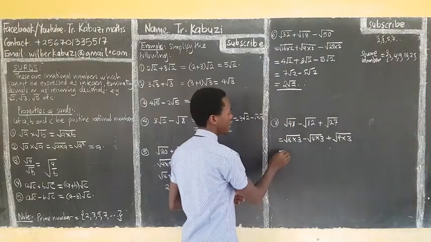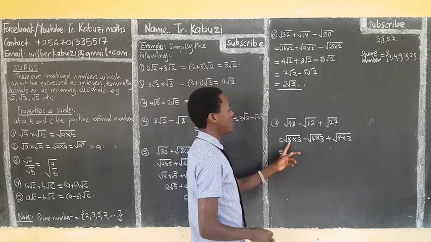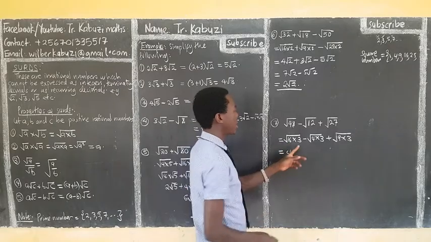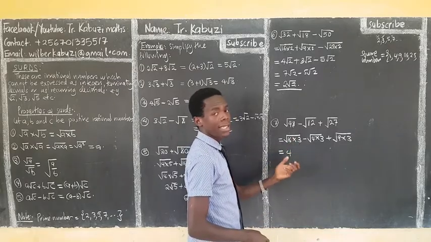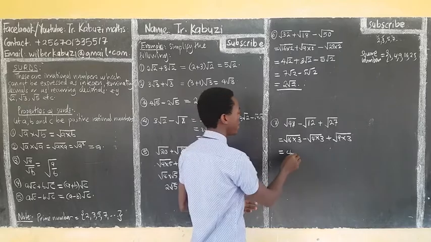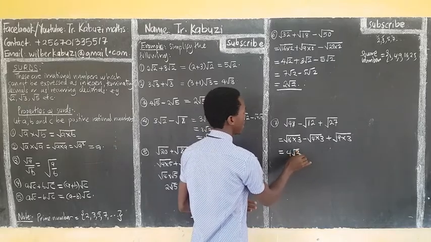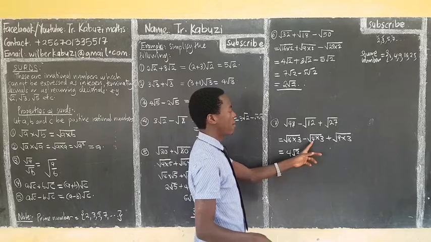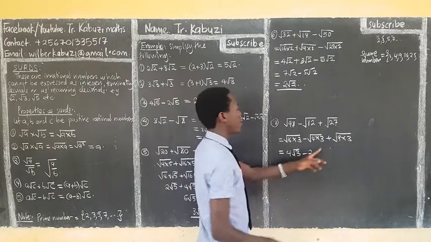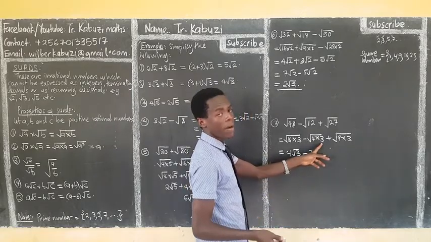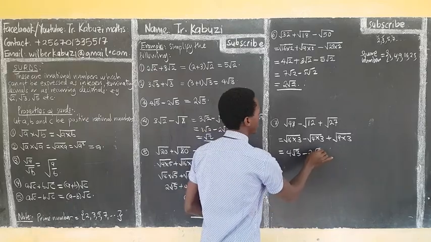From here you just ask yourself, the square root of 16 is 4. Square root of 3, we can't get it as an integer, so we leave it like that. Then minus, square root of 4 is 2. Square root of 3, you can't get a perfect integer, so we leave it like this.